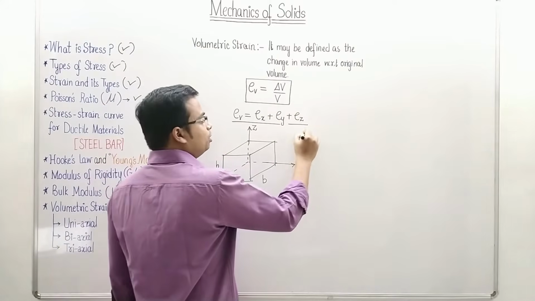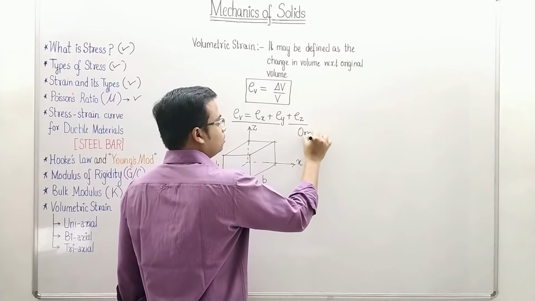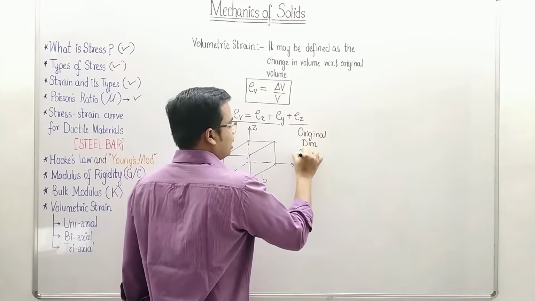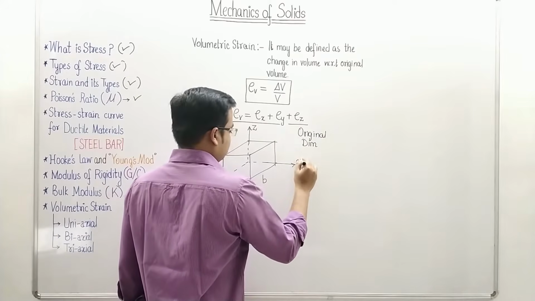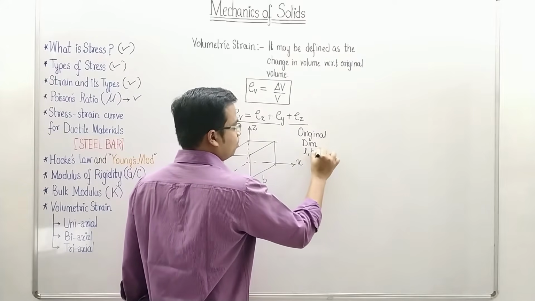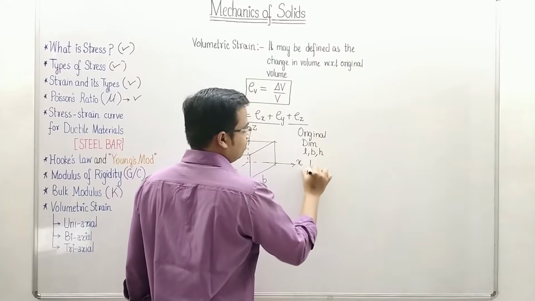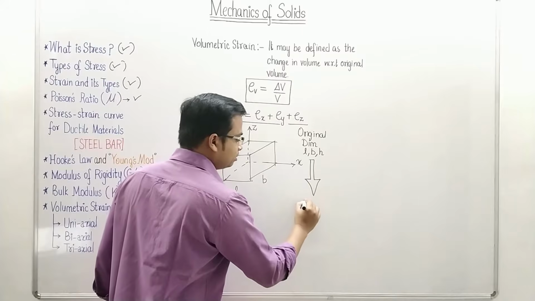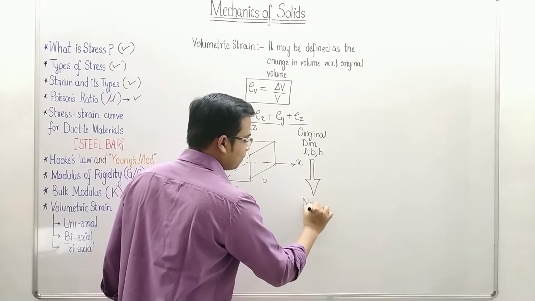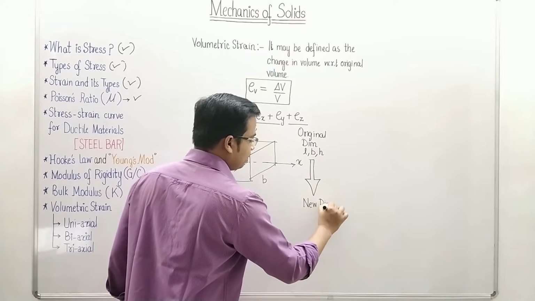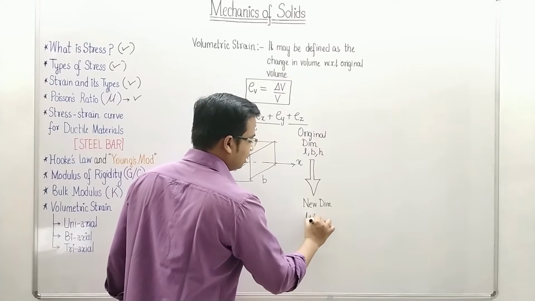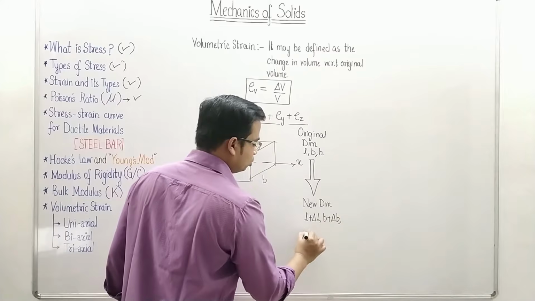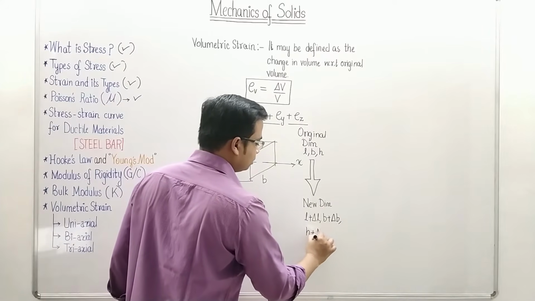So the original dimensions, let me just write this L, B, H, and the new dimensions, the increased dimensions, are represented by L plus delta L, B plus delta B, and also H plus delta H.